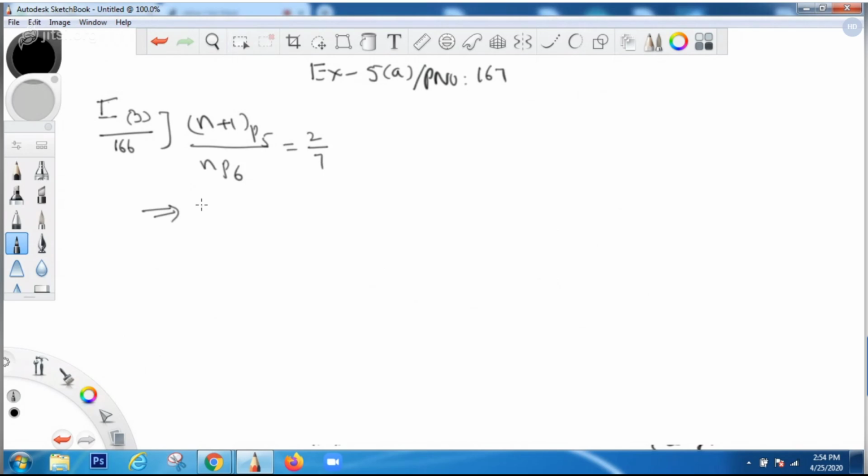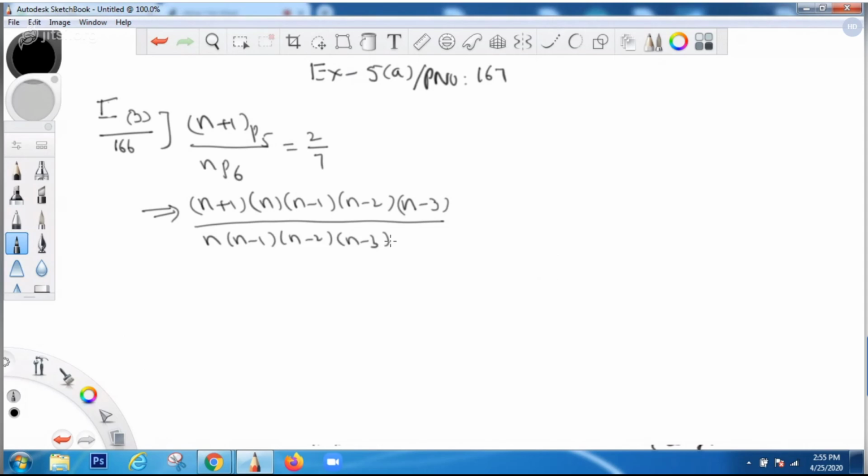So this implies n plus 1 P5 means (n plus 1) into n into (n minus 1) into (n minus 2) into (n minus 3), divided by n into (n minus 1) into (n minus 2) into (n minus 3) into (n minus 4) into (n minus 5), is equal to 2 by 7.